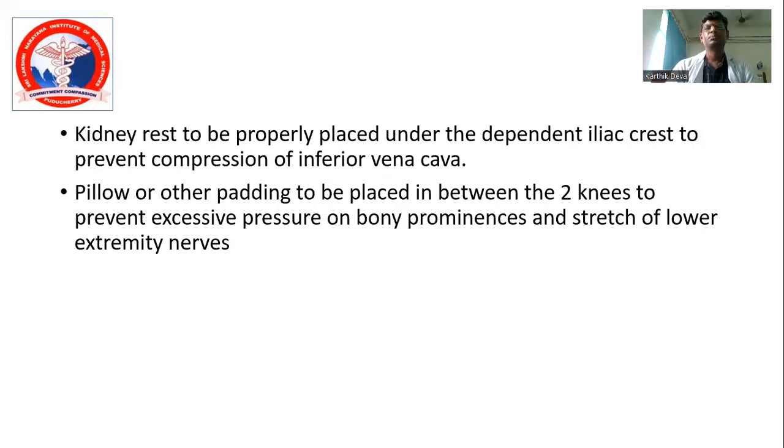A kidney rest is to be properly placed under the dependent iliac crest to prevent compression of the inferior vena cava. A pillow or other padding is to be placed between the two knees to prevent excessive pressure on bony prominences and stretch of lower extremity nerves.